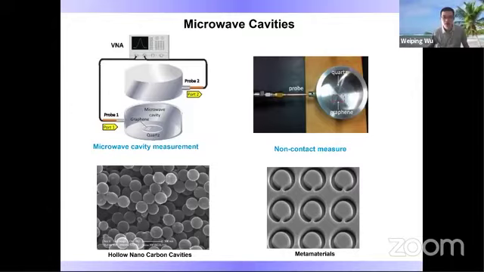Using this non-contact measurement, we can determine the sheet resistance without destroying the sample. Recently I have extended this measurement further by developing nanocarbon cavities at a much smaller scale, about 200 nanometers for metal materials and about 500 nanometers for semiconductor materials.